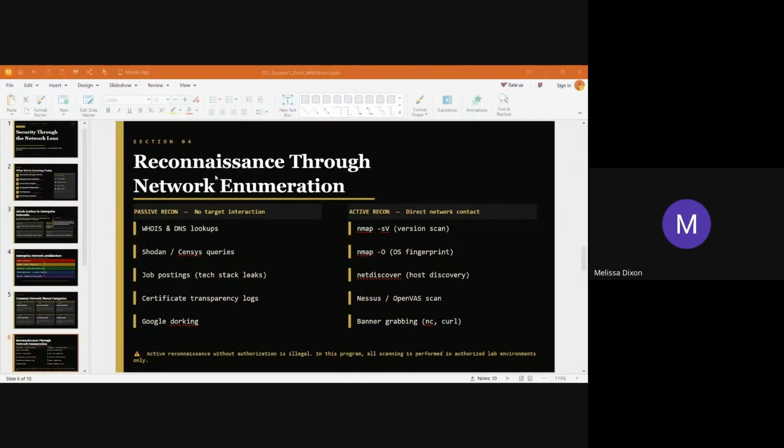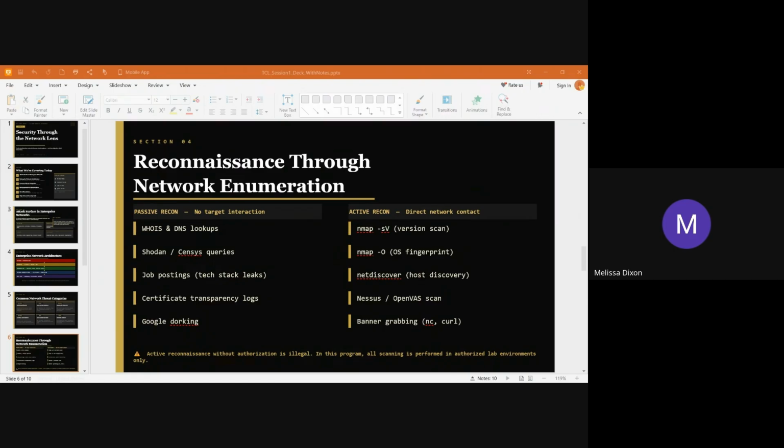So then we have active recon, which is direct network contact. We have Nmap. With the -sV version scan, it asks each open port, what are you? and maps the response to known service signatures.